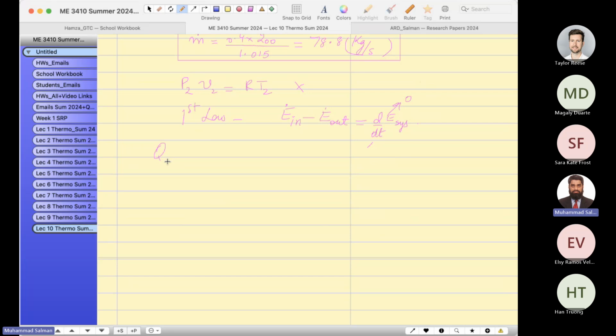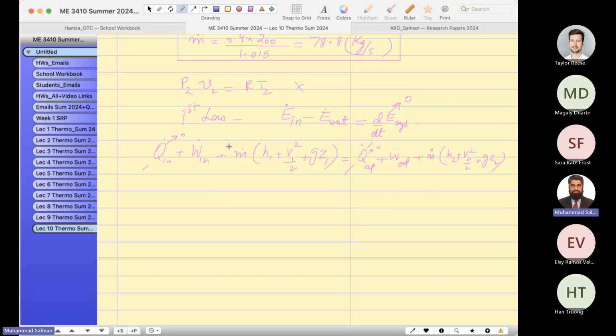I'm just writing down the complete first law equation, with Q dot in on one side and Q dot out on the other. Now, in our situation, the diffuser, there is no heat entering or leaving the system.